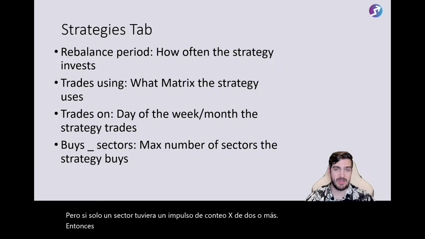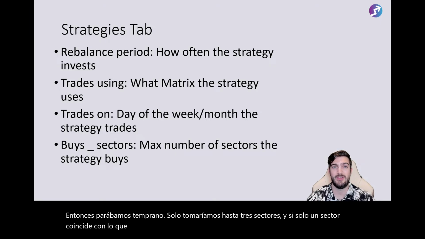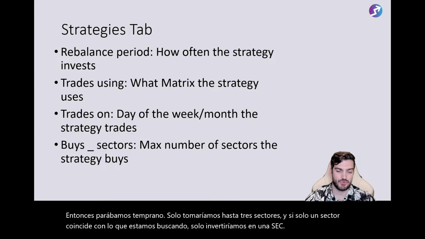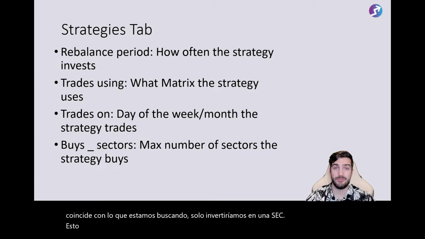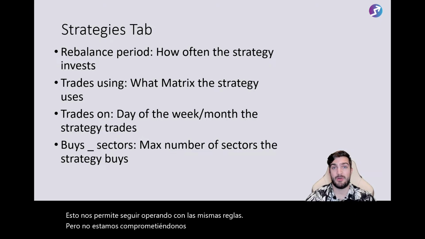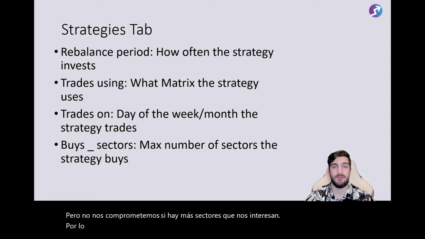We would only take up to 3 sectors, and if only one sector matches what we're looking for, we would only invest in one sector. This allows us to still trade using the same rules, but we're not compromising if there's more sectors that are of interest to us. So, for this, we get to know how many sectors a week does the strategy buy.